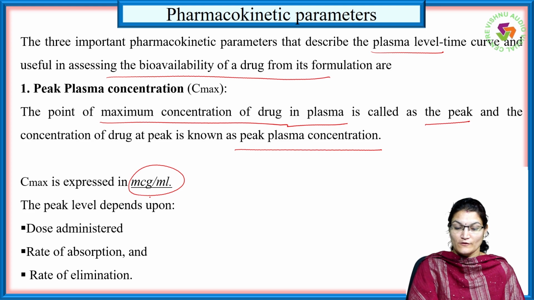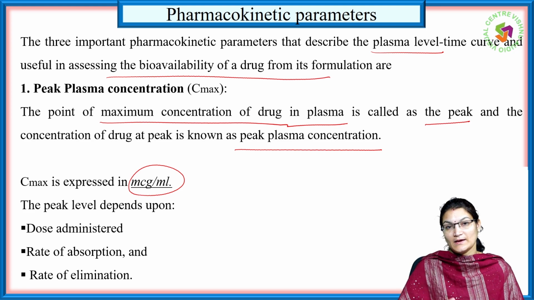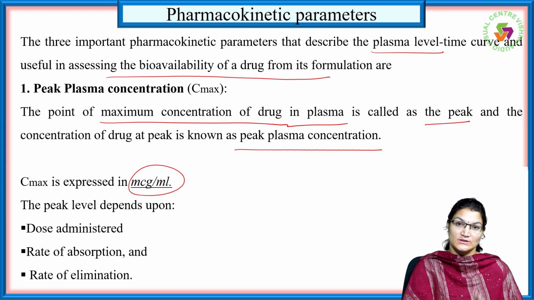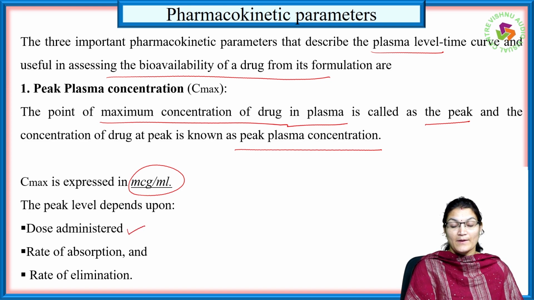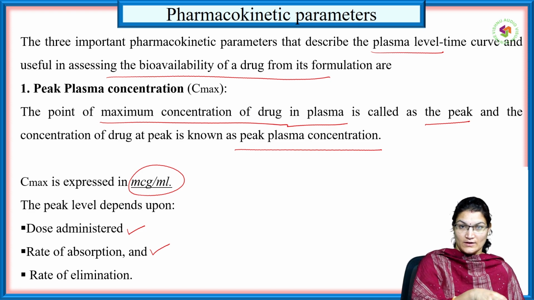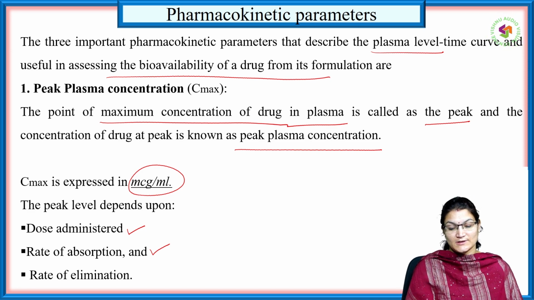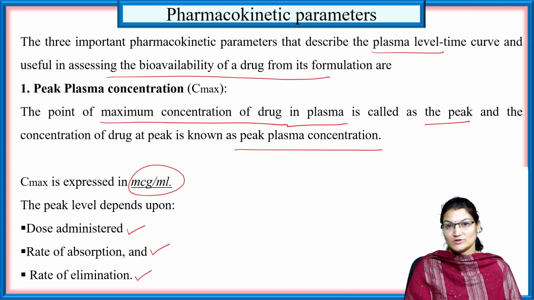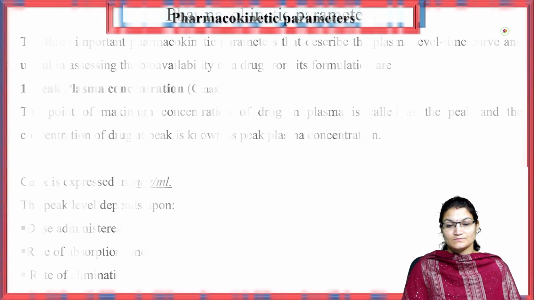This peak plasma concentration depends on three parameters: the amount of drug or the dosage you have administered, the rate of absorption, how fast the drug is absorbed from the site of application to systemic circulation, and the rate of elimination, how fast it is eliminated from the body to the external environment.